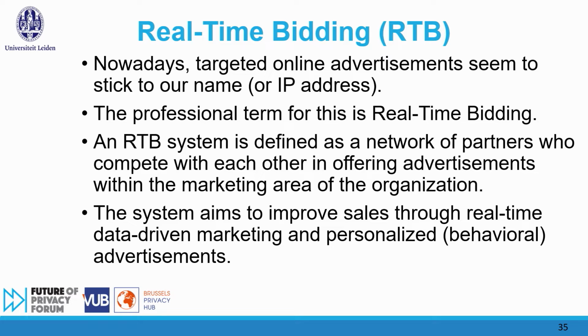What we see now is that the concept of programmatic and real-time bidding includes not just the ad exchange, but also the supply-side platform, the demand-side platform, but also the data management platforms, which, as Adam rightfully pointed out, are able to add offline and online data to persistent identifiers. So the system, the RTB system, aims to improve sales through real-time data-driven marketing and personalized behavioral ads. And we've seen retargeting as well as one of the possible techniques that you can get through real-time bidding.